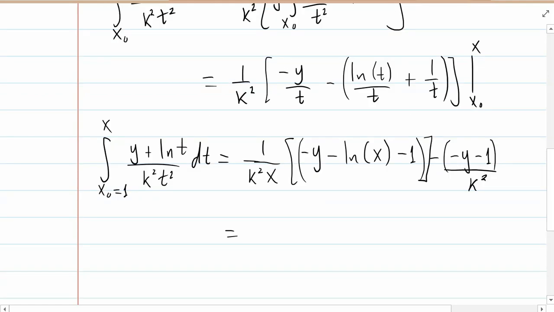This one is 0 and this one is simply negative 1. So reorganizing that and making it have a common denominator, I am going to have negative y, I have a positive xy here, xy minus y, I have a plus x minus natural log of x minus 1.